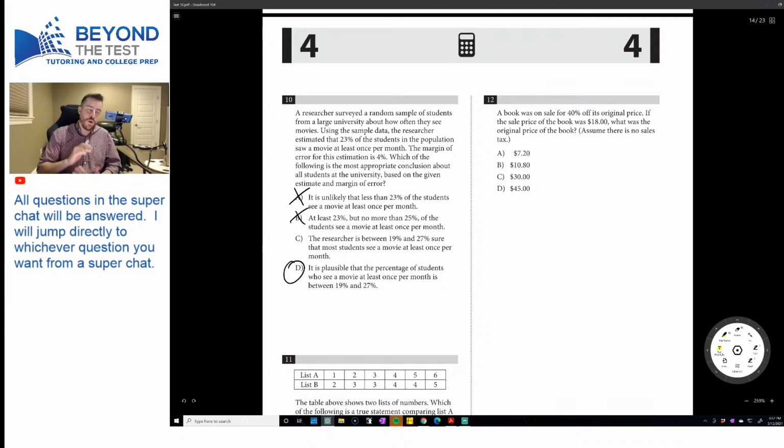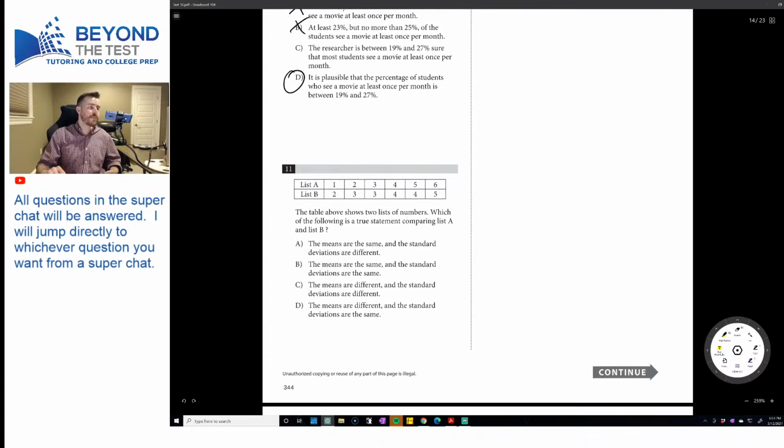We want D. That's the best answer for this, because it's the most appropriate conclusion. Just because you survey a bunch of students and 23% see a movie at least once per month, it doesn't guarantee that that's exactly going to represent the whole population. It's plausible that it will, and that's why that's the better answer here over C.